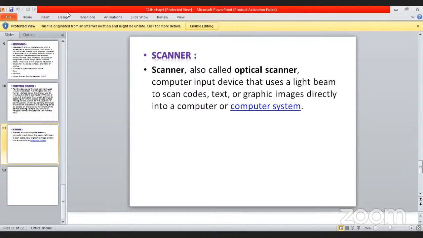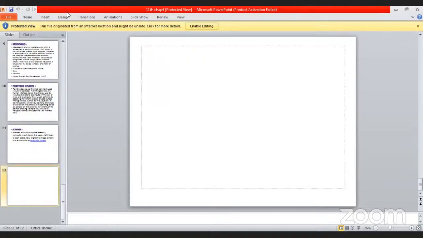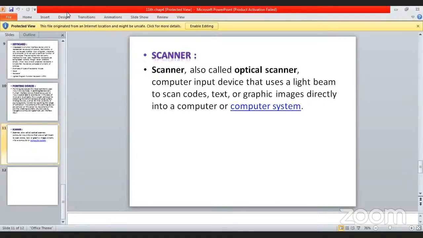A few advanced models do have the option of scanning several pages sequentially. And the second type is the tablet scanner.